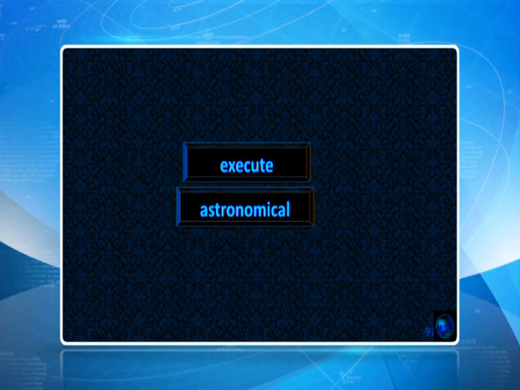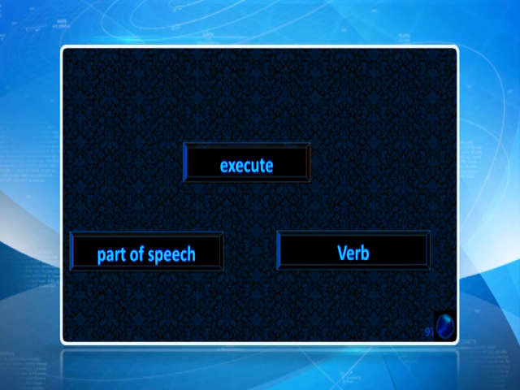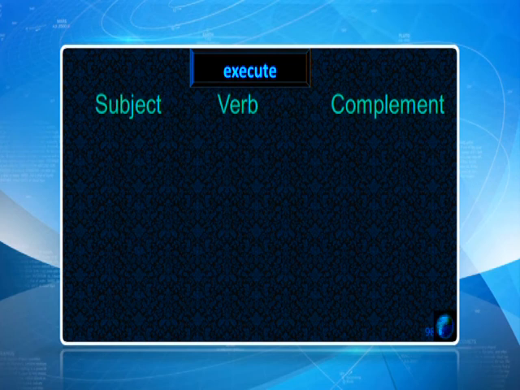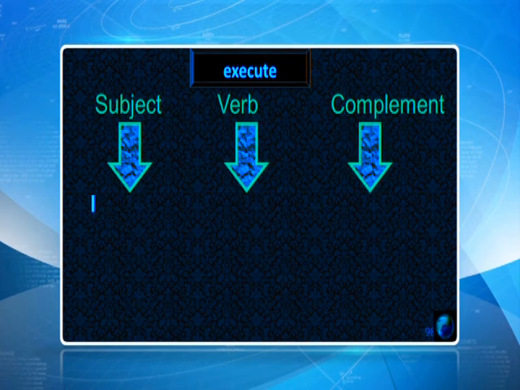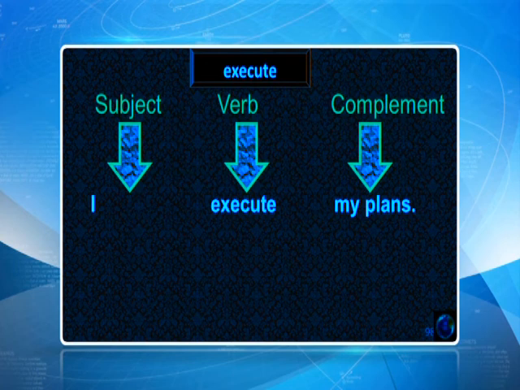Let's move now to the word execute, whose part of speech is a verb. For example, we have to guarantee three main parts, like I have already said: subject, verb, complement. You may have a sentence like this: I execute my plans. Some others may say, I always execute my plans.